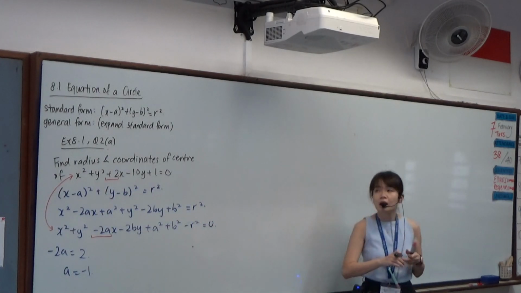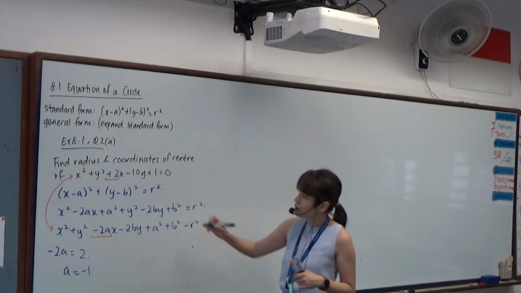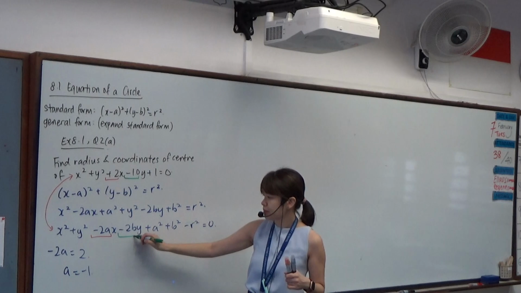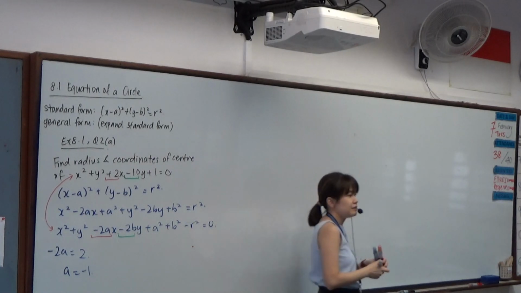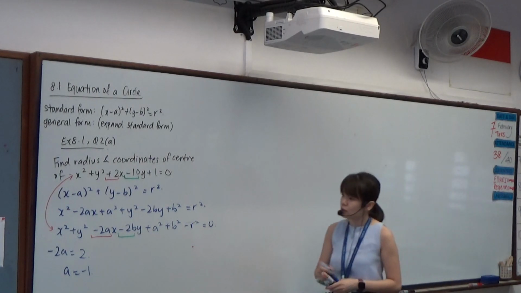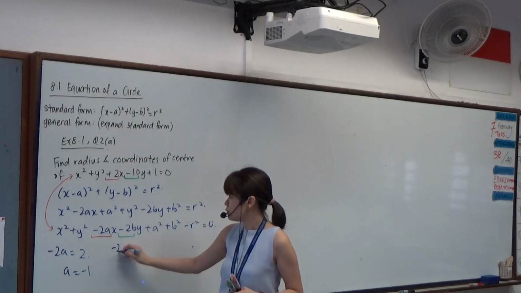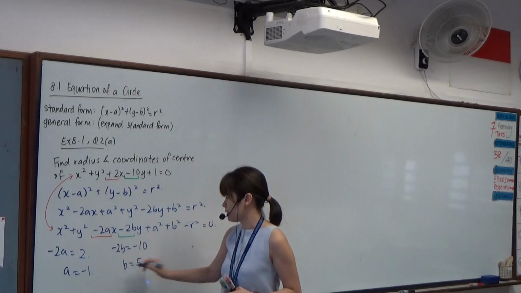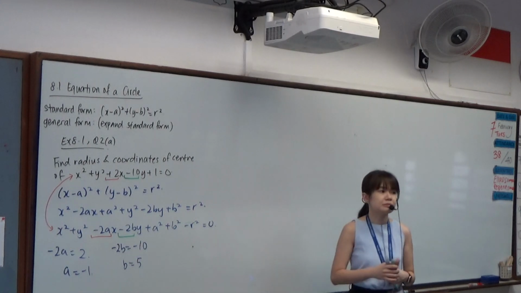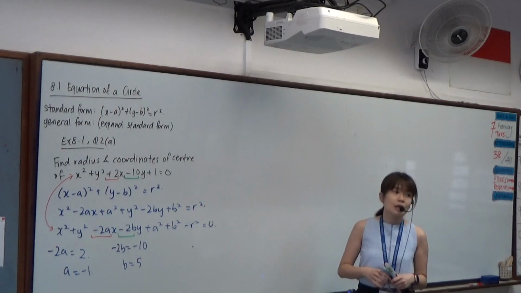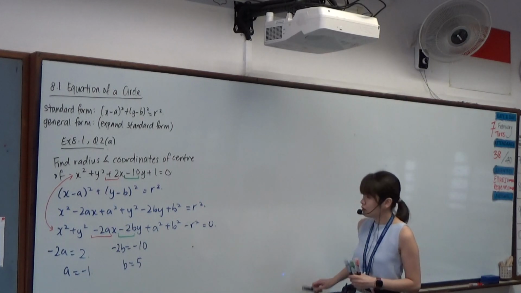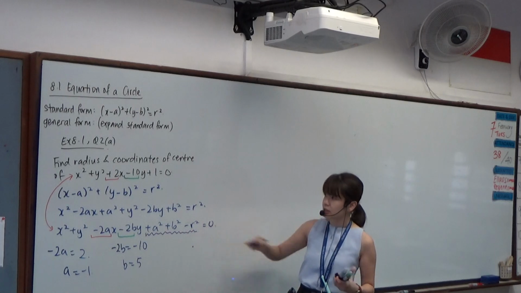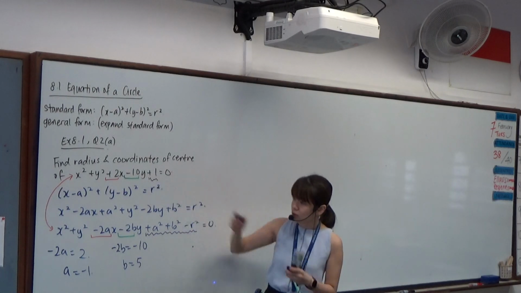Then our coefficient of y is negative 10. We have negative 2b, so negative 2b equals negative 10, and b equals 5. And then the last part would be our a squared plus b squared minus r squared, which has to equal 1.